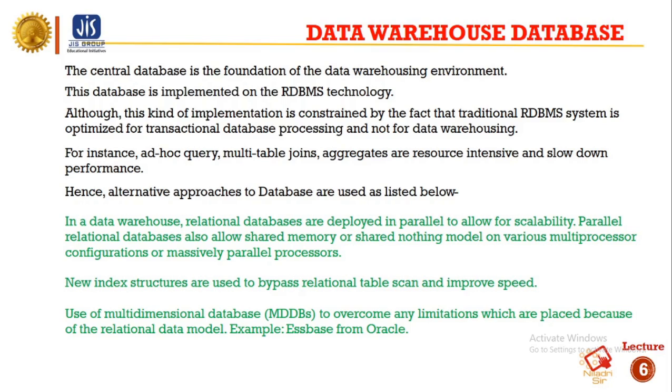New index structures are used to bypass relational table scans and improve speed. Multidimensional databases are used to overcome limitations placed by the relational data model. An example is Essbase from Oracle.